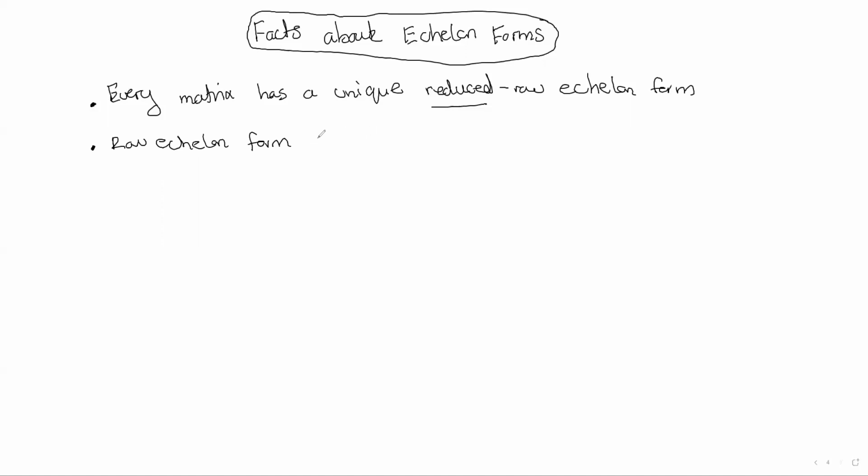They are not unique, which means you could do it in different ways to reach the same answer. Someone could reduce it their own way that is much simpler. It's not unique, but the reduced one will always be the same. If it's reduced, it will always be the same.